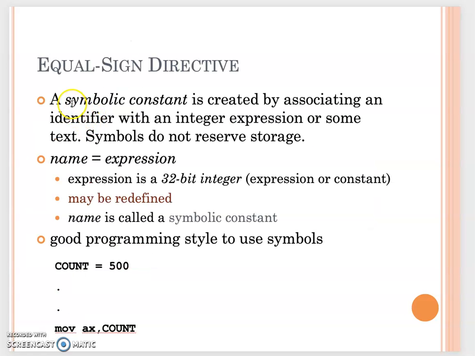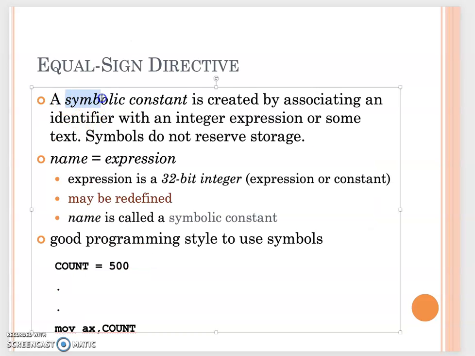In assembly language, we can also assign symbolic constants. Those constants, the same thing, we declare under the .data block. You create an identifier with an integer expression. The symbol does not use reserved storage; they just use the constant number to refer to that location.